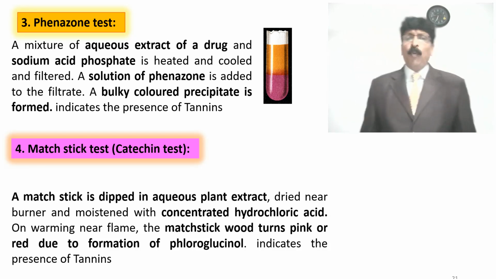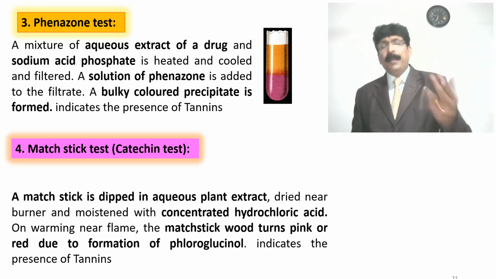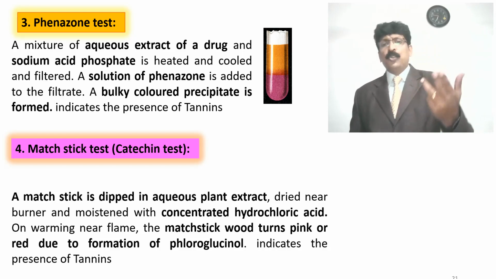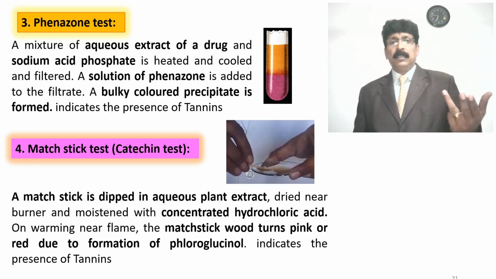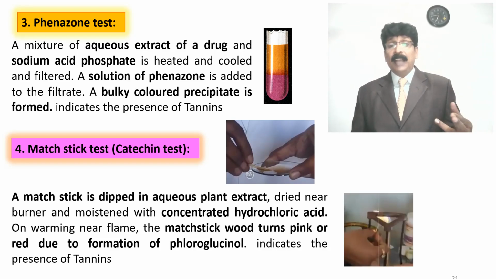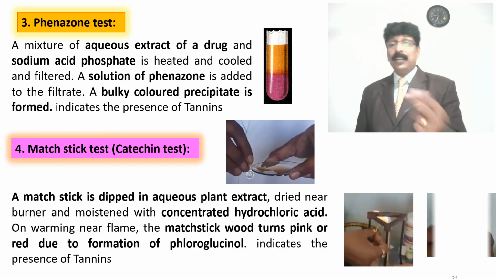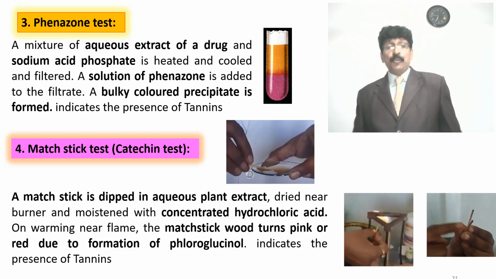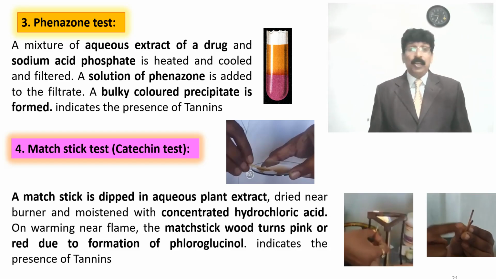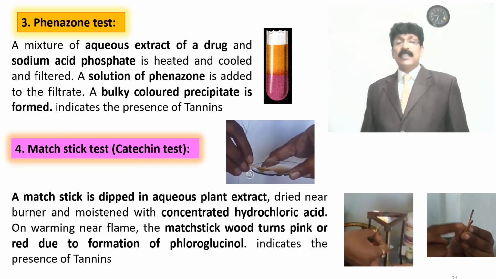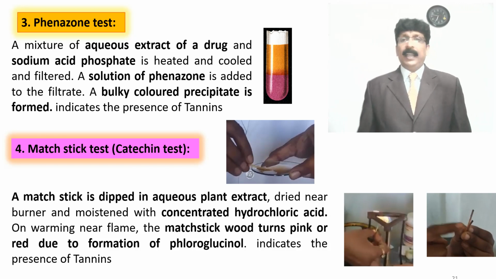On warming near the flame, you can see the color change of the stick. The matchstick wood turns pink. First you have to dip, as shown in the picture, and second you go to the flame for drying, and then you can see the color of the matchstick. It turns pink or red due to the formation of phloroglucinol, which indicates the presence of tannin.